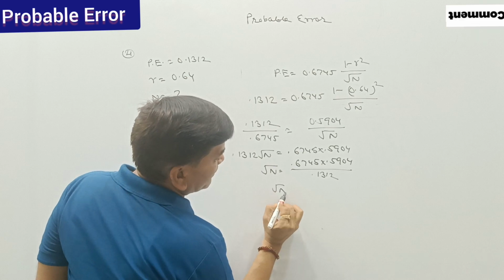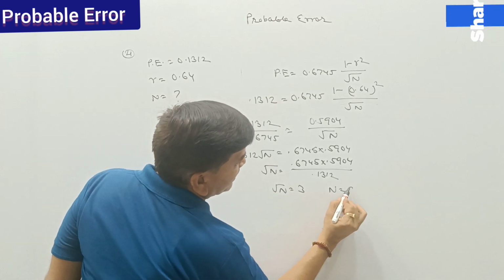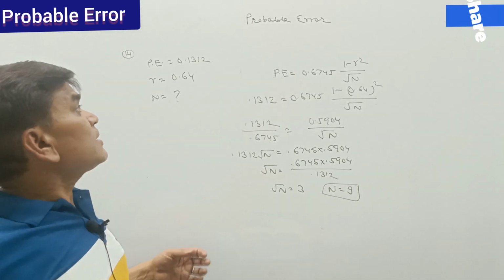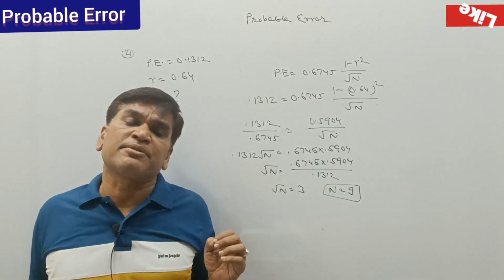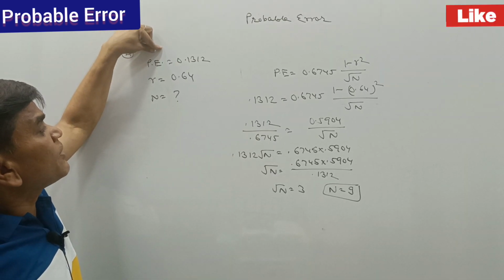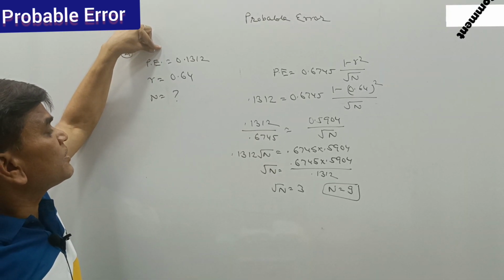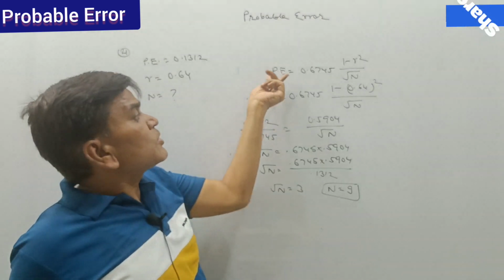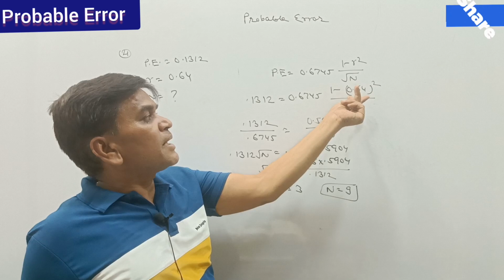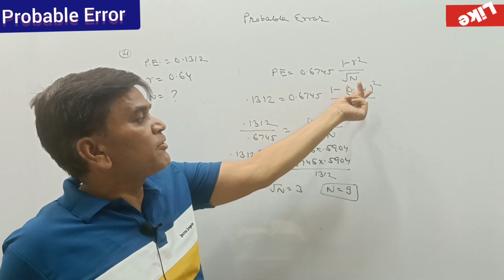So root n value is 3. So n value is 9. So in this form, this is also a question of probable error. The value of probable error is given as 0.1312. The value of r is given as 0.64. n is to be calculated. So we put the value of PE as 0.6745 times 1 minus r square, with the value of r written here.